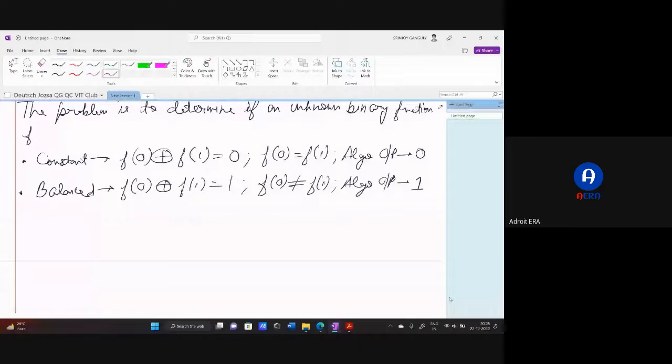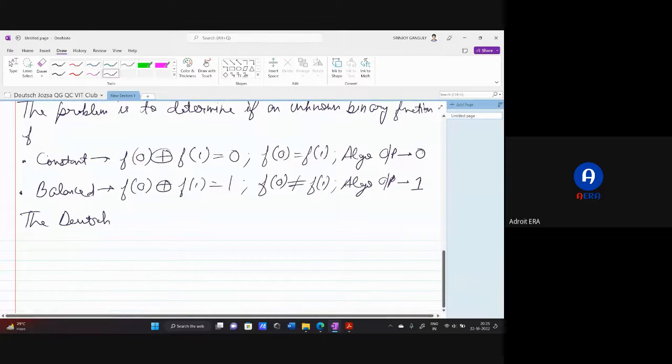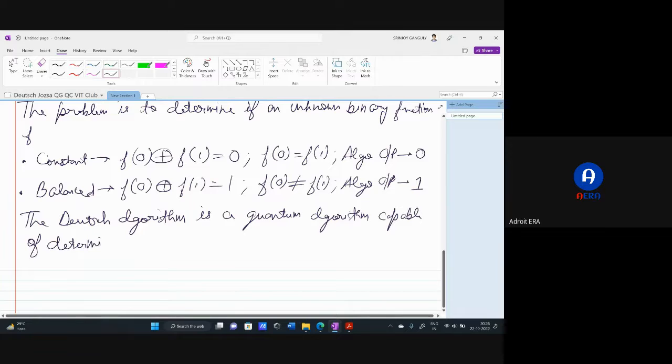Okay, so the Deutsch algorithm is a quantum algorithm. It is capable of determining the value of f0 XORed with f1.